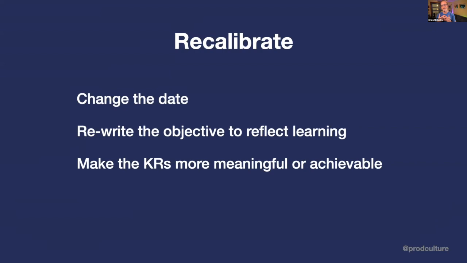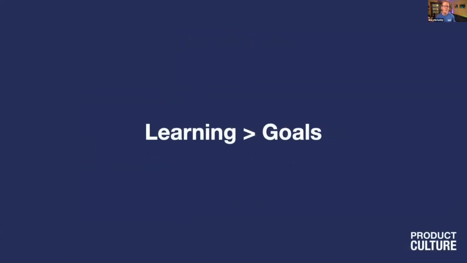And by not recognizing that they had learned something significant about their situation that should have resulted in a change to the OKRs, by not recognizing that, they lost the benefit of having the OKRs at all. That kind of learning is more important than the goals themselves.